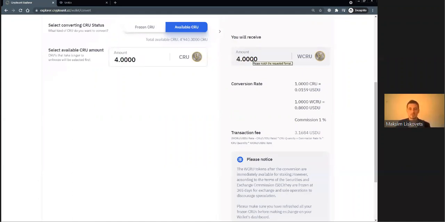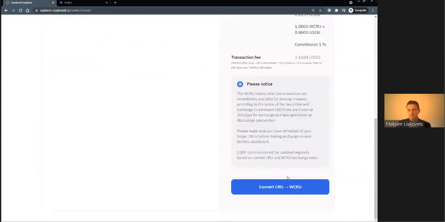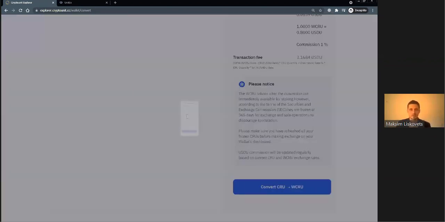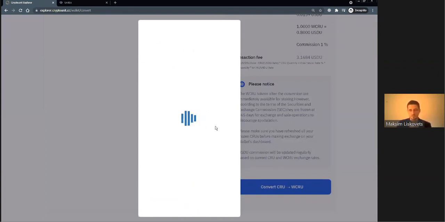So estimate in advance the number of CRUs to be converted into World CRU, and please consider this transaction fee to be paid. After you selected the relevant number of CRUs to be converted, you go lower, and there you will find the button Convert CRU. And here you type in your PIN code, which you created when we entered the wallet, and click Convert.